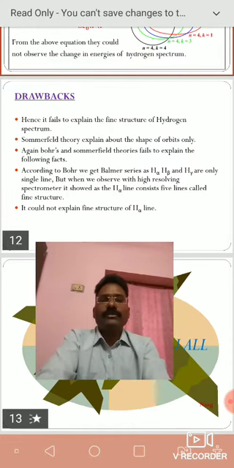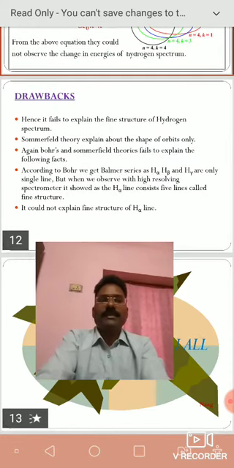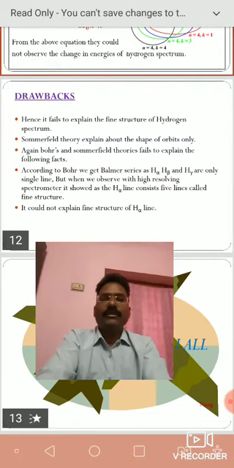According to Bohr's theory, we get the Balmer series lines H alpha, H beta and H gamma as only single lines. But when we observe with a high resolving spectrometer, the H alpha line consists of 5 lines, called fine structure. It is not a single line. H alpha line is not a single line.